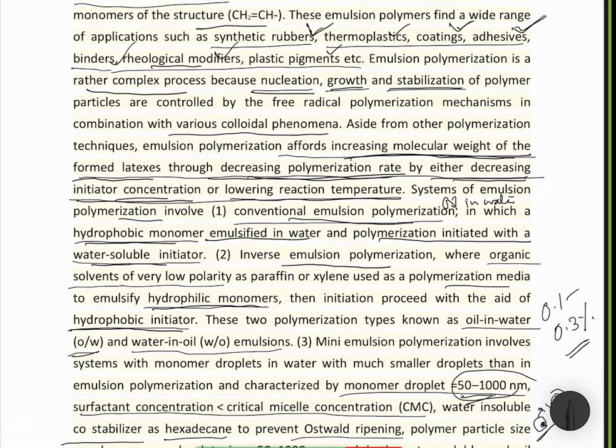So here the initiator would be hydrophobic, meaning in normal or conventional emulsion you have hydrophobic monomer dispersed in water and water soluble initiator is used, whereas in inverse emulsion you have hydrophilic monomer dispersed in hydrophobic media and you have oil soluble initiator being used to initiate the polymerization.